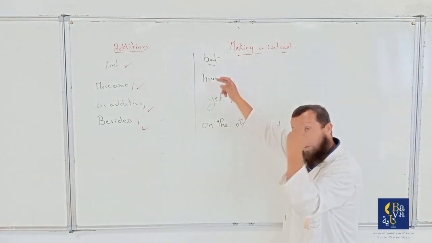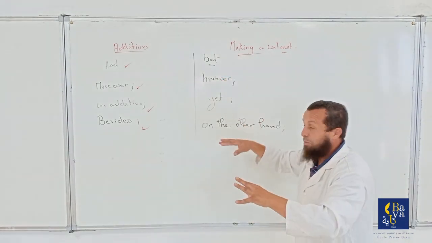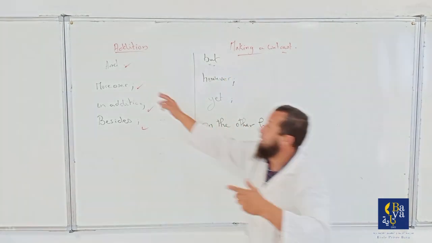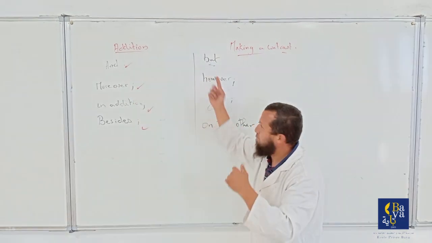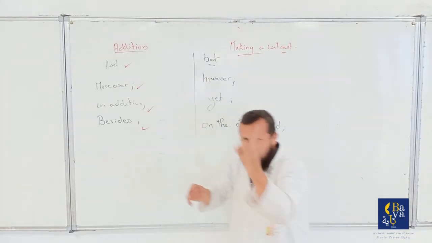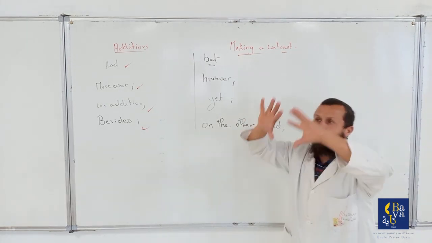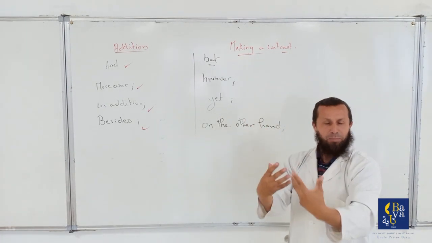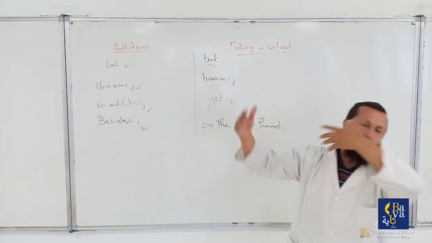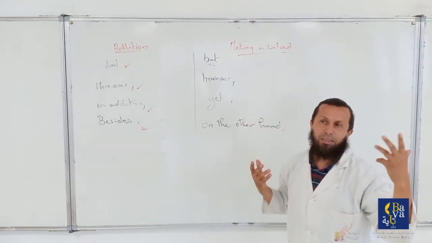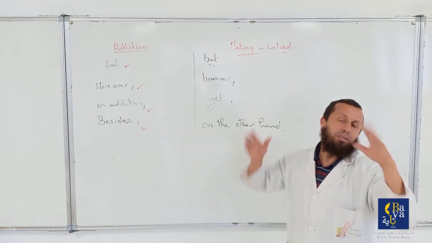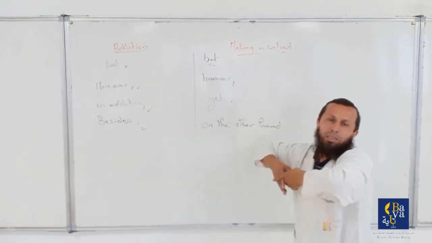You can use one but. One time and, one time but, one time moreover, one time yet. Then you have a good, nice paragraph with different discourse markers, instead of using all the ands and all the buts.